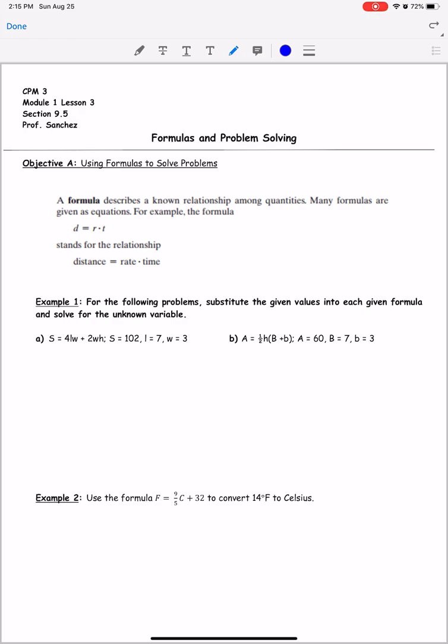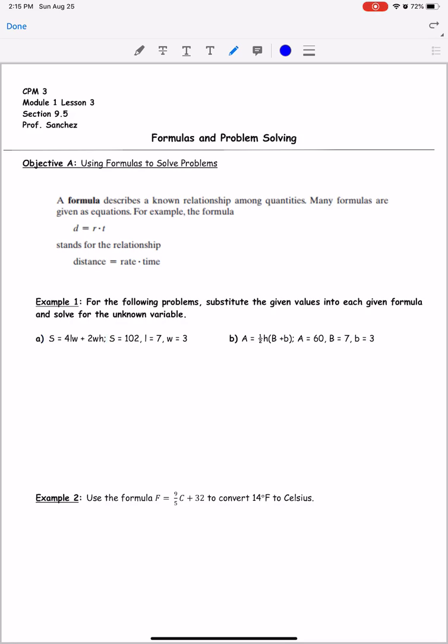So in problem A, we are given this formula of S equals 4LW plus 2WH. And it tells me that S equals 102, L equals 7, and W equals 3. So substitute all of those in there. The only thing we don't know is H, and so that's what we will end up solving for.